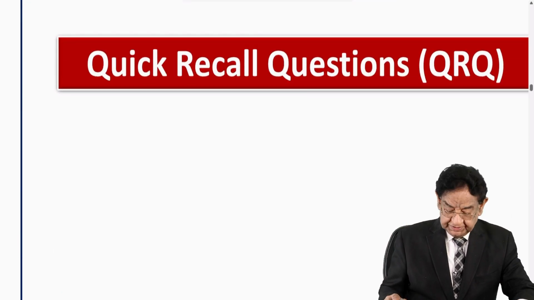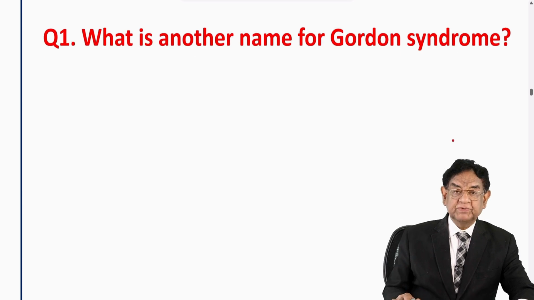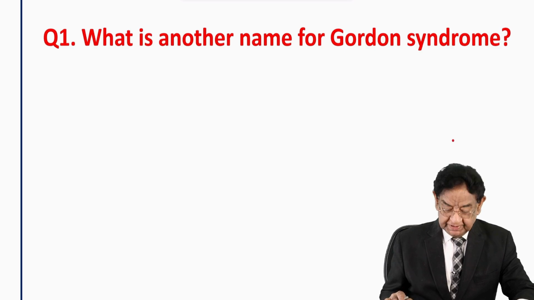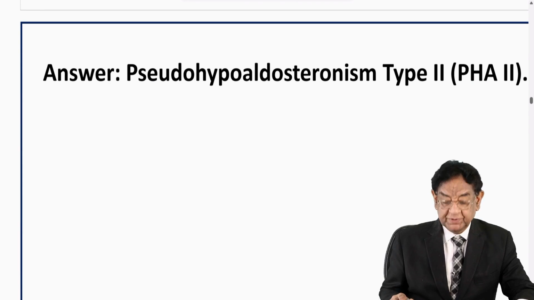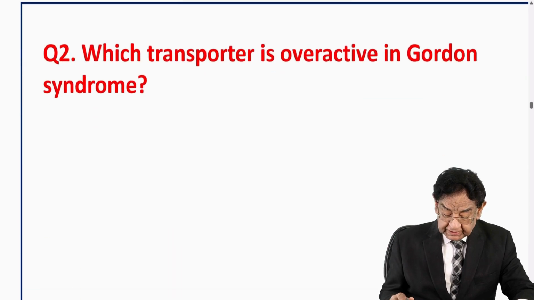Quick recall questions. The question will come on your screen, and of course the answer will come. What's the other name? Pseudohypoaldosteronism Type II. Which transporter is overactive in Gordon syndrome?